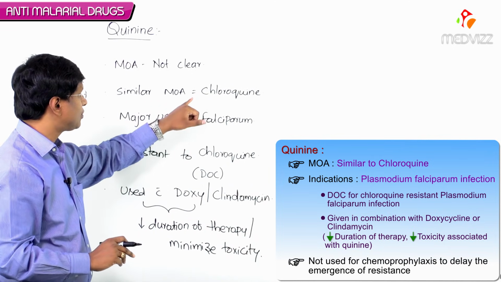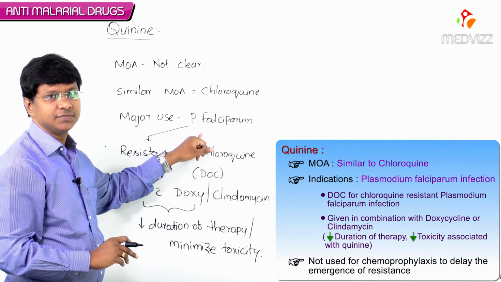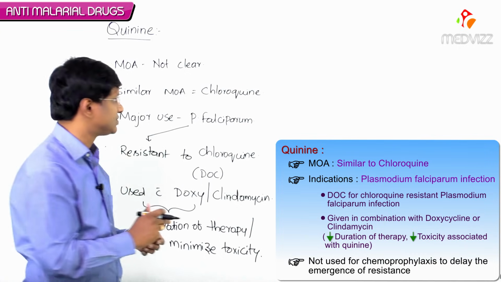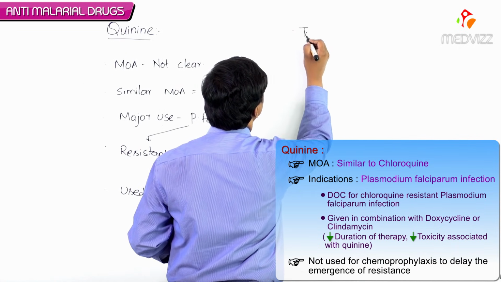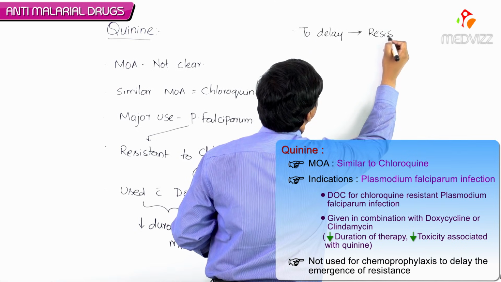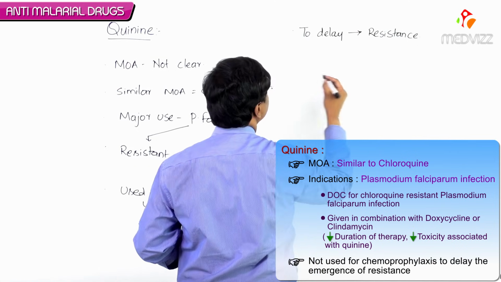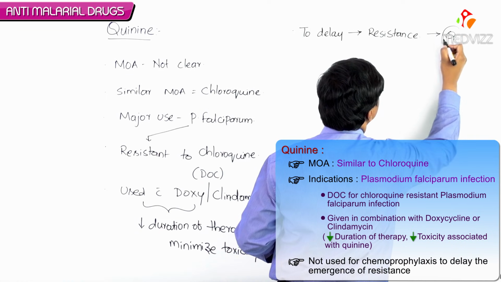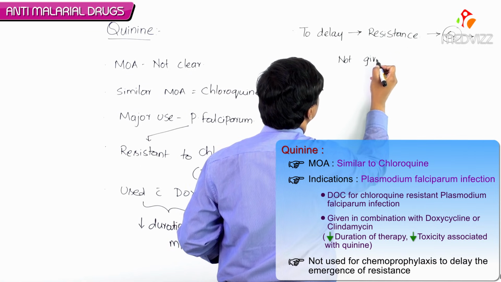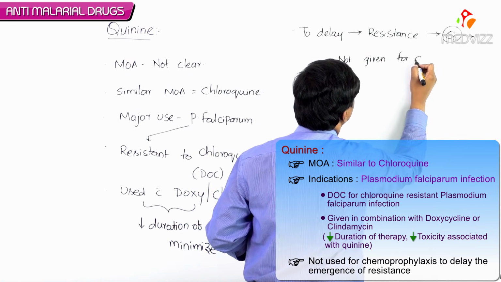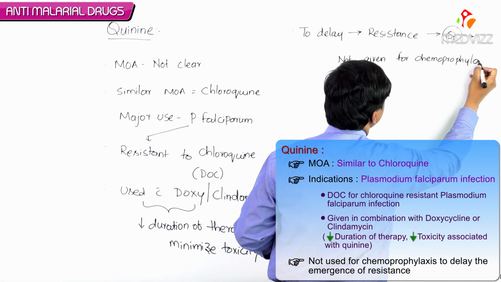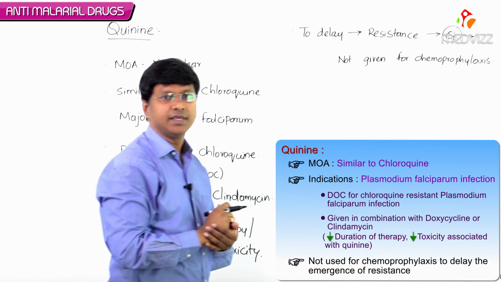Already with chloroquine there is resistant Plasmodium falciparum, so to delay the emergence of resistance, quinine is not given for chemoprophylaxis.